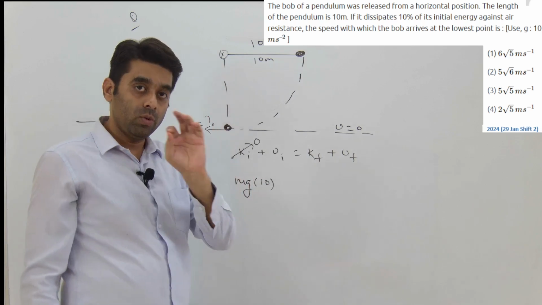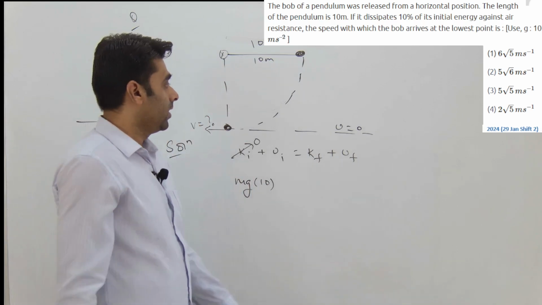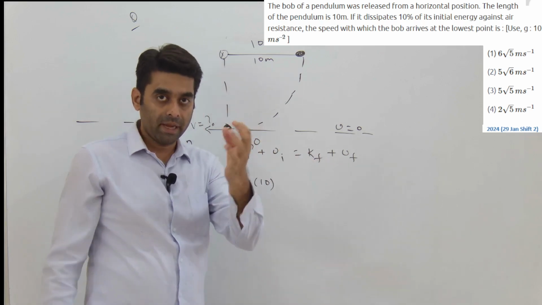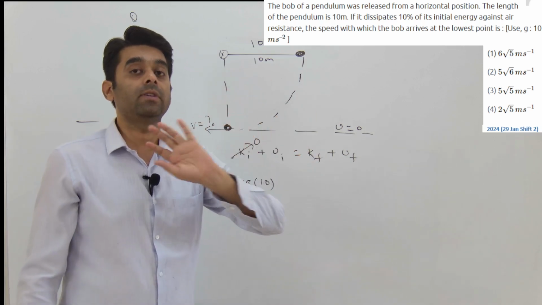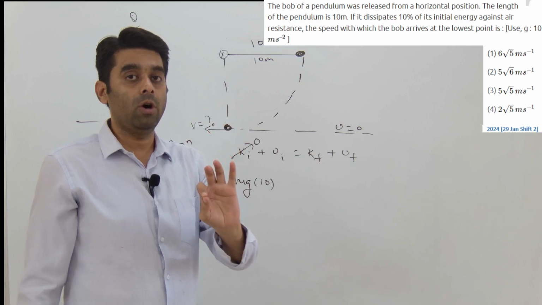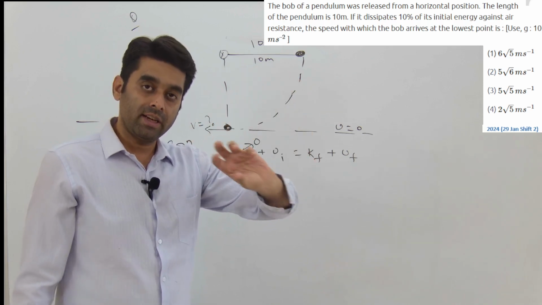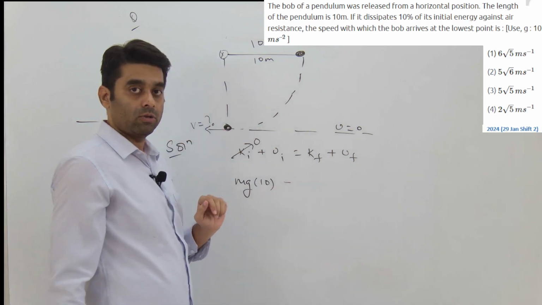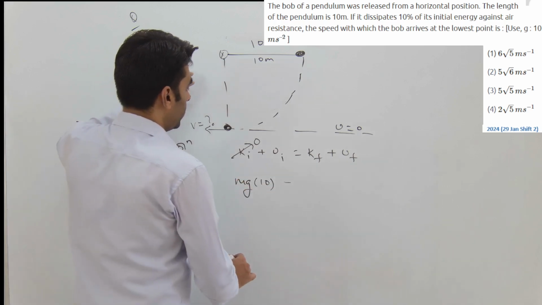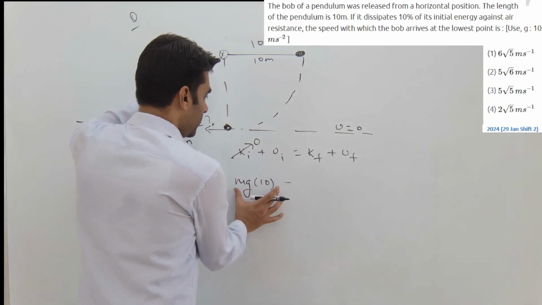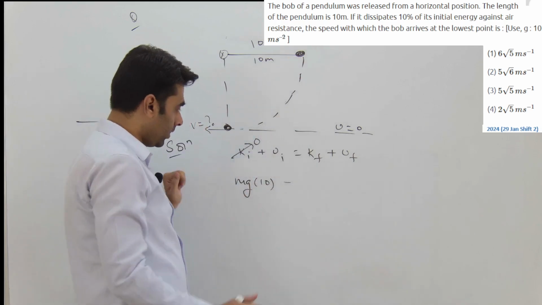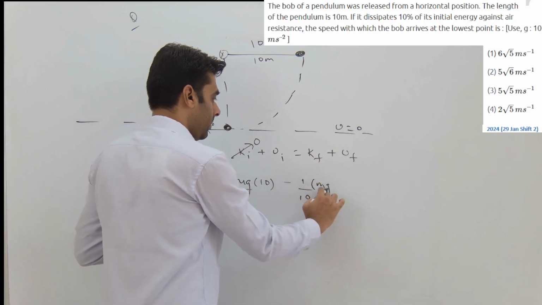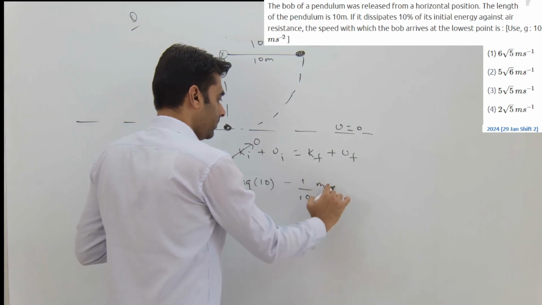One thing we need to consider is that in the final mechanical energy there is a 10% loss, in the form of air friction. So we have to consider the air friction loss also, which is given as 10% of the initial energy. So 10% of this, I write 1 by 10 into mg into 10.